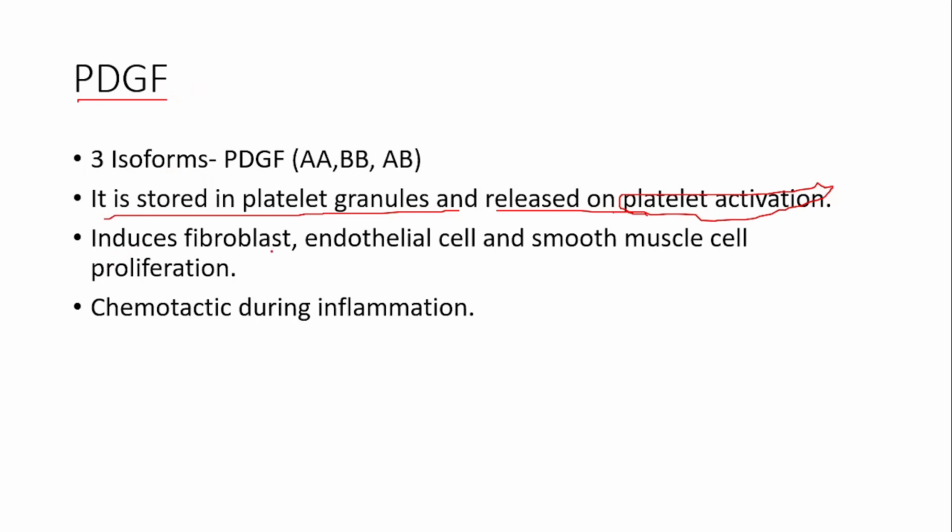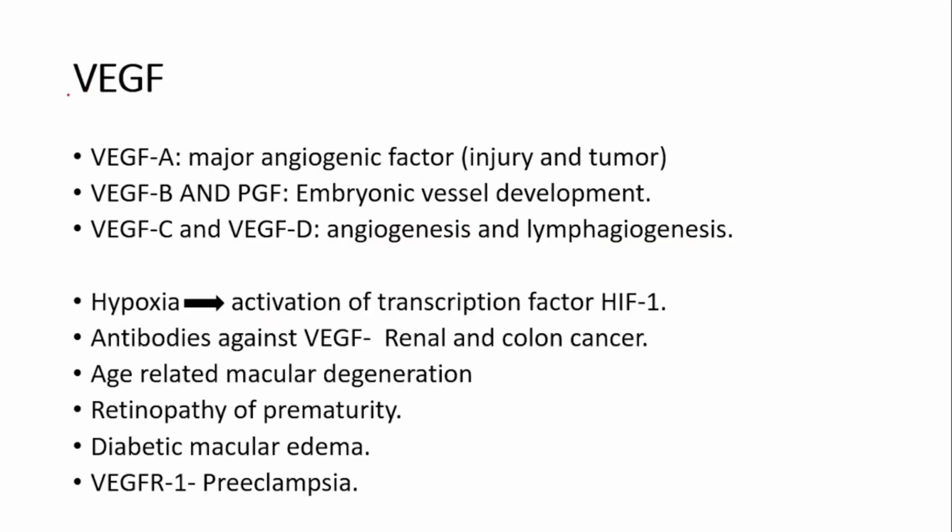It also induces fibroblast, endothelial cell as well as smooth muscle cell proliferation, and it acts as a chemotactic factor during inflammation, which means it promotes the recruitment of other leukocytes and neutrophils to the site of inflammation and tissue injury. The next is vascular endothelial growth factor, that is VEGF, and VEGF A, B, C, D and placental growth factor belong to this family.